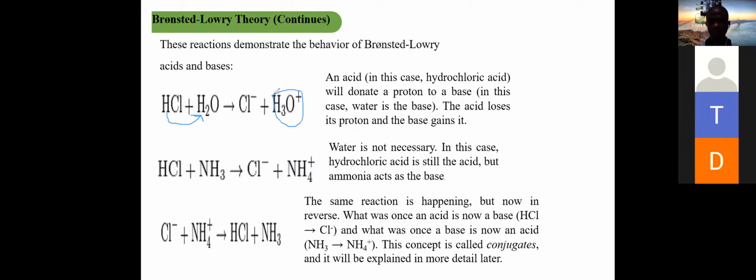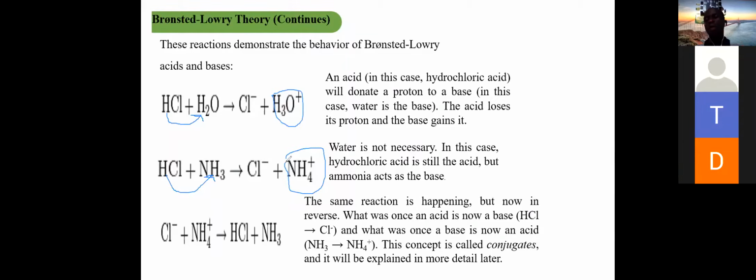Now, if you look at the second reaction, the HCl again donates a proton to ammonia, and then ammonia becomes ammonium. It becomes plus because it was neutral, then H plus is being added to it.